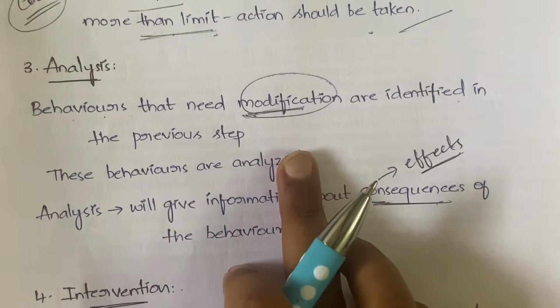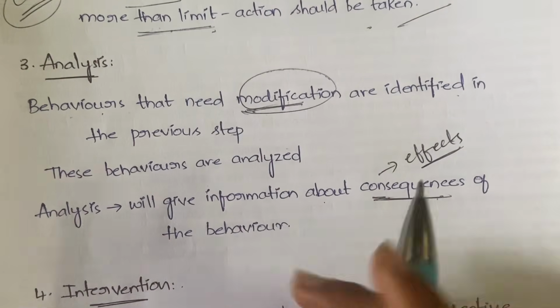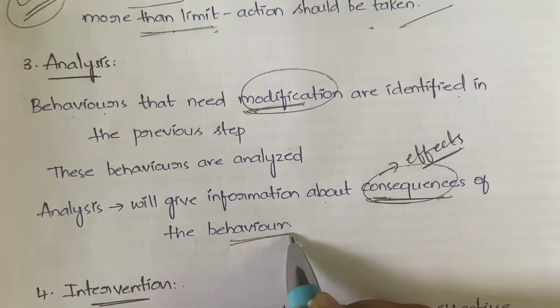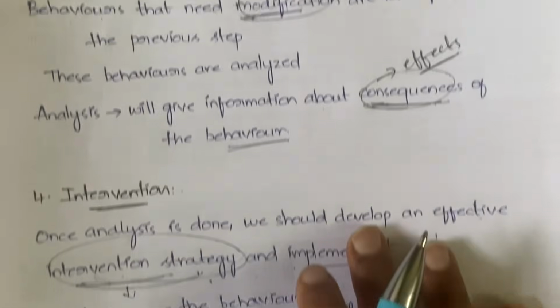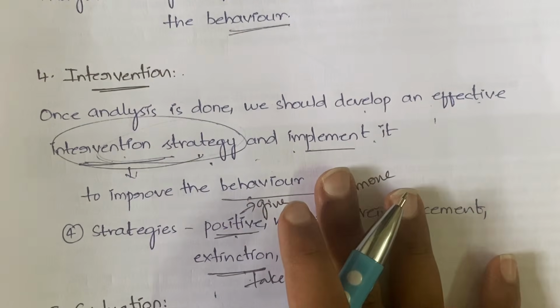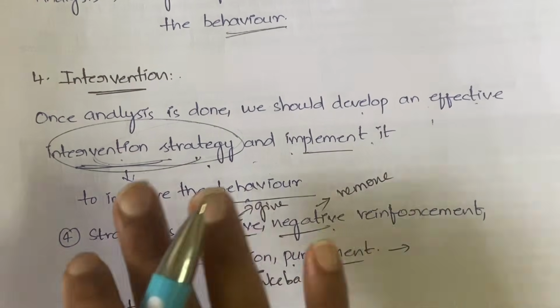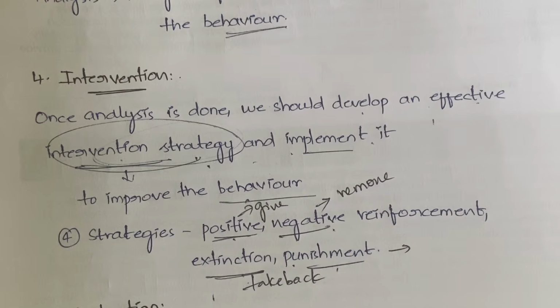In the analysis, you are estimating the consequences of the behavior. What will happen if that behavior continues in the organization? Next, you will develop an intervention strategy. Why do you need an intervention strategy? To improve the behavior of the organization or person.